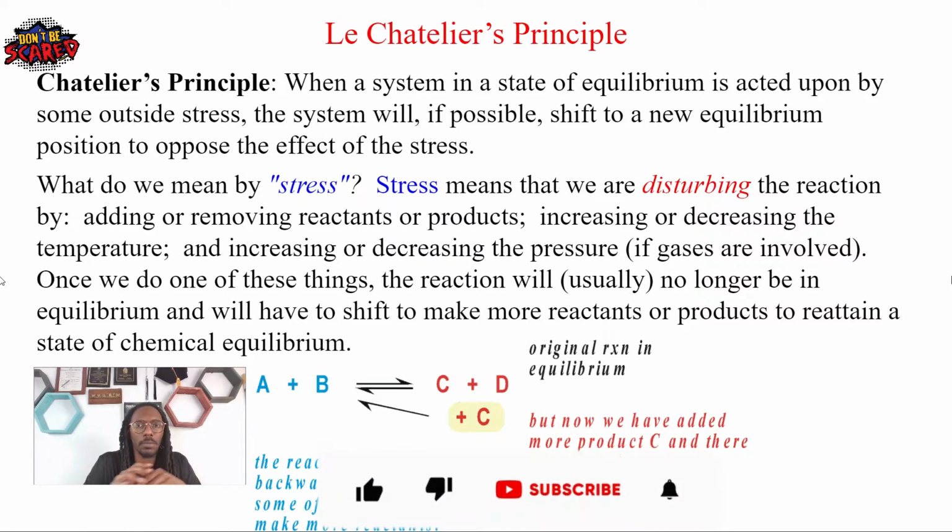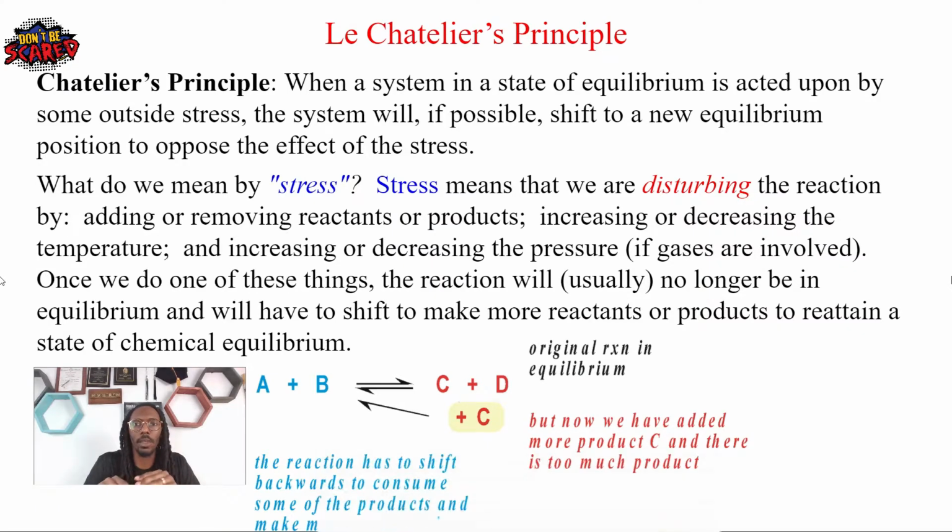Let's talk about some different stresses. Either you can add or remove reactants or products. You can increase or decrease the temperature. You can increase or decrease the pressure, and this is only if gases are being evolved. So once you do one of these things, the reaction will no longer be in equilibrium because you're changing the environment.